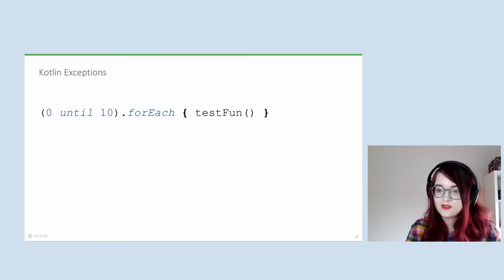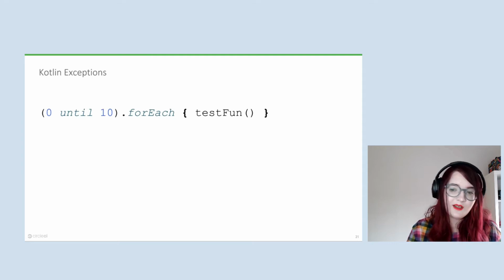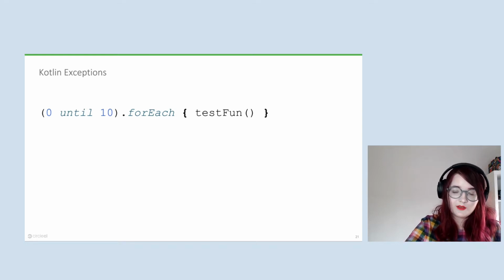Well, it looks nice, but sometimes we know that something may go wrong and we want to somehow see it right now in place. So are there any mechanisms in Kotlin for that?